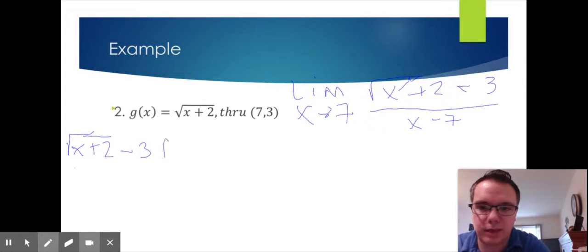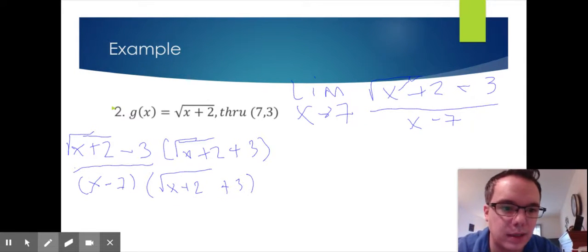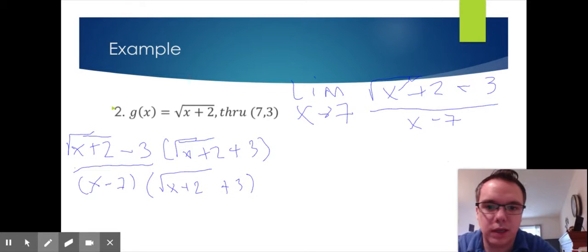So I'm going to multiply that by the square root of x plus 2 plus 3. And then I have to do the same on the bottom with our x minus 7. The reason I do that is because it will cancel out our square roots on top.